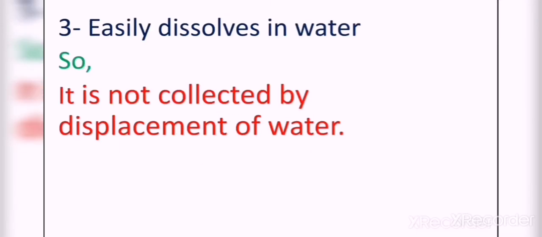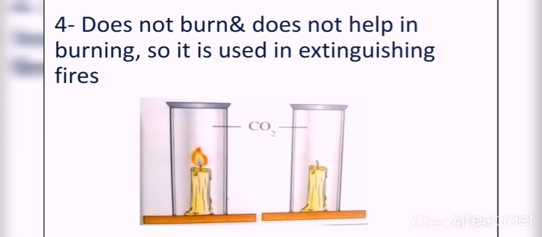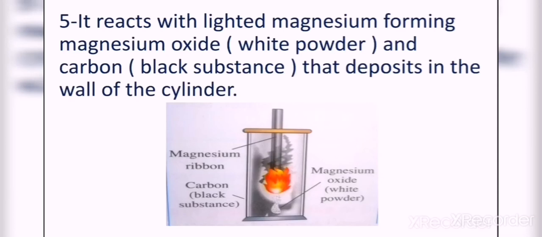Number three, it easily dissolves in water, so it isn't collected by displacement of water. Number four, it doesn't burn and doesn't help in burning, so it's used in extinguishing fire. Number five, it reacts with the lighted magnesium to form white powder and black substance. The white powder is magnesium oxide and the black substance is carbon.